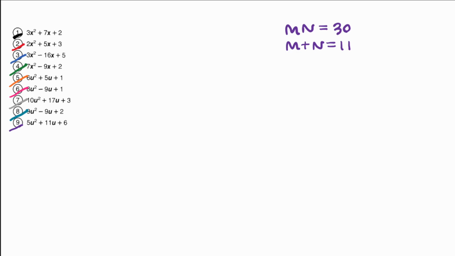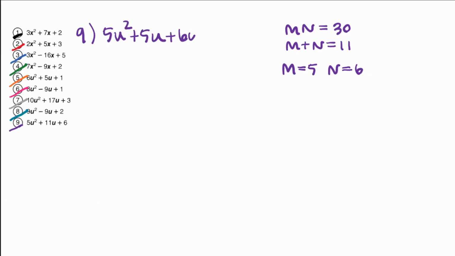Oh, I was only thinking of factors that weren't 5 and 6. Okay, this is going to be 5 and 6. I can put the 6u or the 5u there. I might just put the 5u there because it has more to factor with the first thing. That's kind of what I'm considering when I do this.